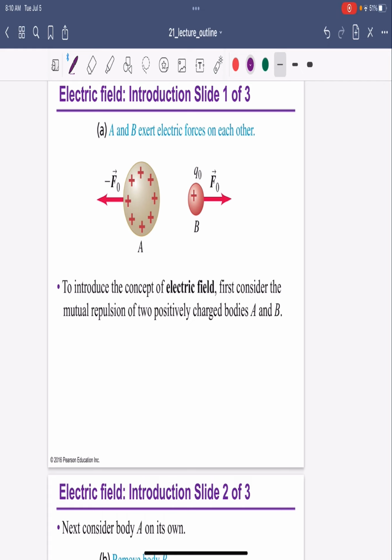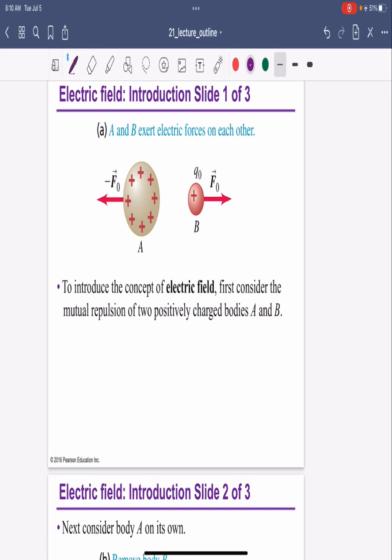Now, for the electric field, we shouldn't actually have a charge. It's the region around the charge where, if you put a test charge, it is going to feel the electric force.